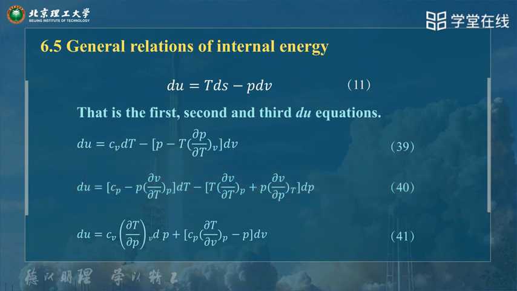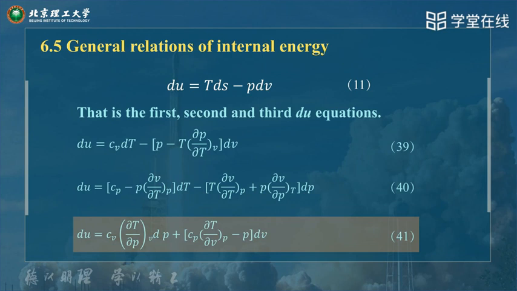The third dU equation is Cv partial T over partial P, V constant, dP, plus (Cp partial T over partial V, P constant minus P) dV. This equation also comes from the third dS equation, so we call it the third dU equation, equation 41.